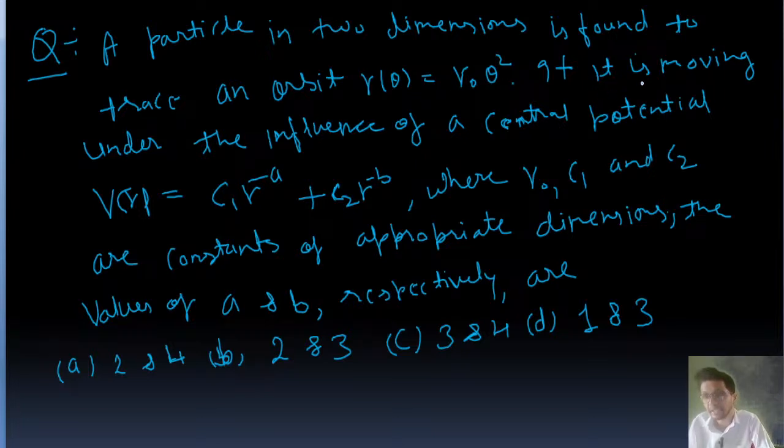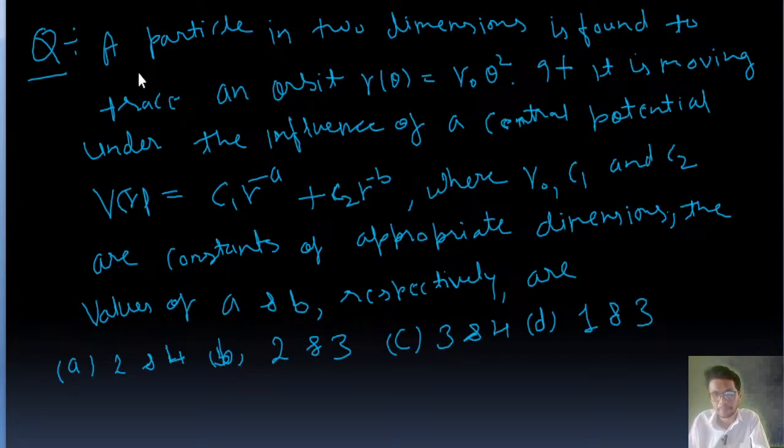If it is moving under the influence of central potential V(r) equal to C1 r to the power minus a plus C2 r to the power minus b, where r naught, C1, C2 are constants of appropriate dimensions, the values of a and b respectively are. So we need to find the values of a and b. Okay, let's get started.